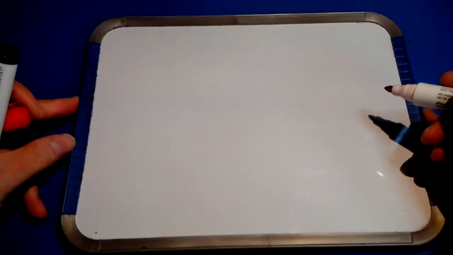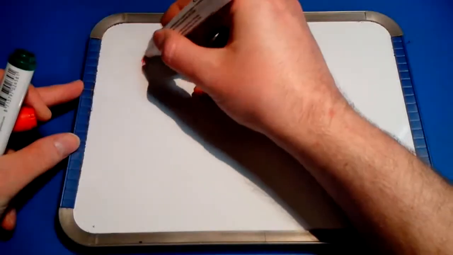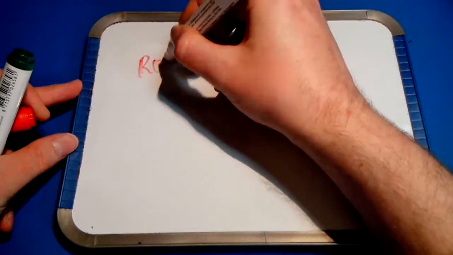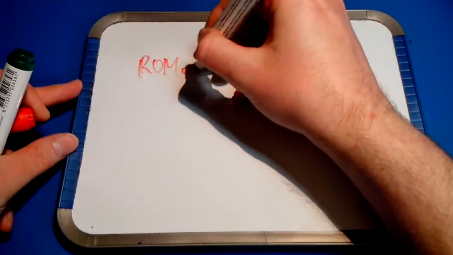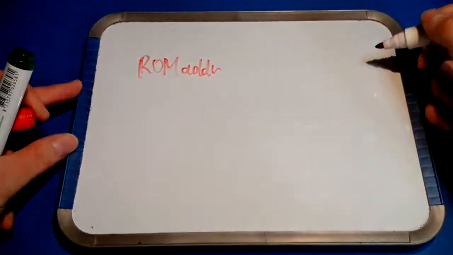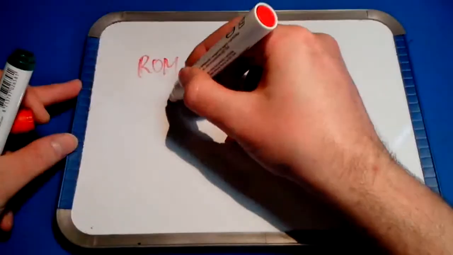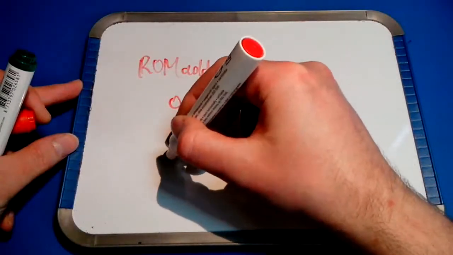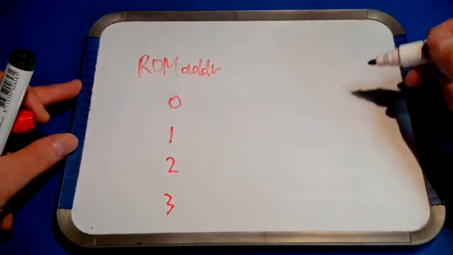Well, let's start out with a machine code program in ROM. Let's have one column to indicate the ROM address of each instruction in the program. ROM addresses are 0, 1, 2, 3.